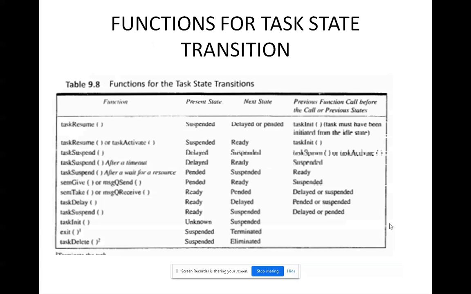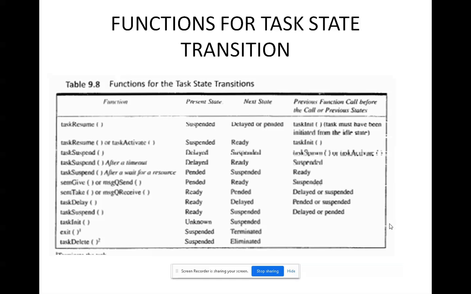These are a few functions for the task state transitions, that is while switching over from one task to another task. You will be following all these transition statements: task resume, task suspend, task give, sem take, sem give, task delay, task suspend.